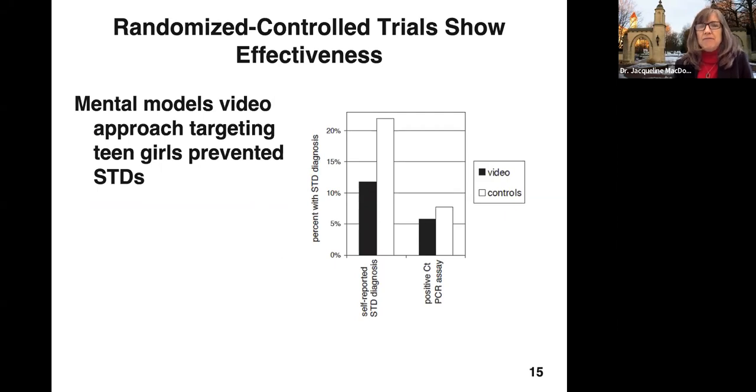And they were asked a year after seeing the video, had they been diagnosed with an STD. And you can see in the girls that had seen the video, the self-reported result of STD diagnosis was much lower than in controls. And the girls were also tested, and those who saw the video had a lower prevalence of STDs than the girls who were in the control group.